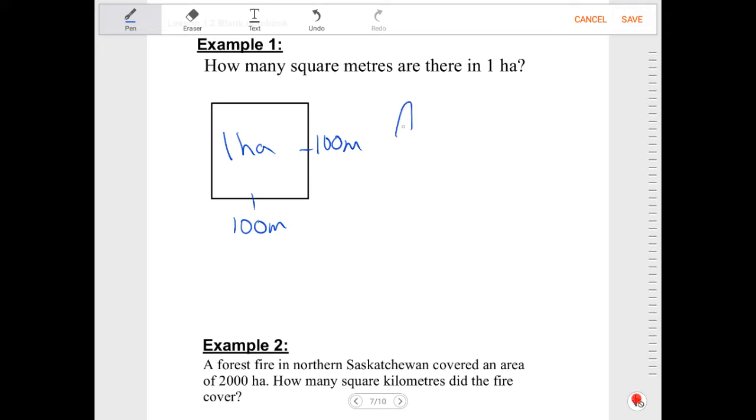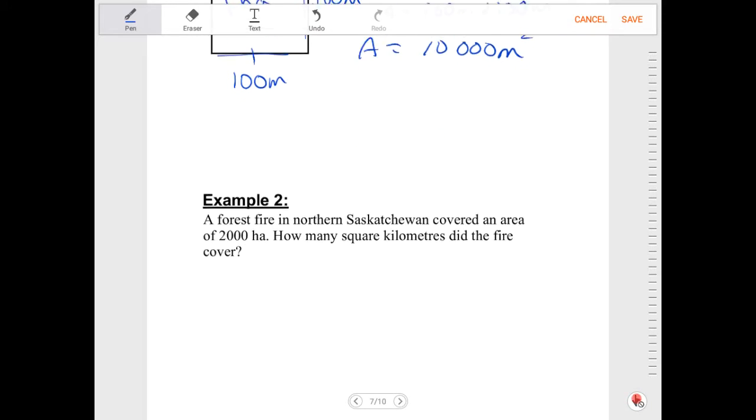If you were to use the formula, area equals length times width, that's for a rectangle, it would still give you the same answer, but side by side, area would be 100 meters times 100 meters. Area in this case would be 10,000. That's just calculation. Our units are meters. And how many dimensions did we consider? We considered 2 sides, so that's squared. Area is always squared.